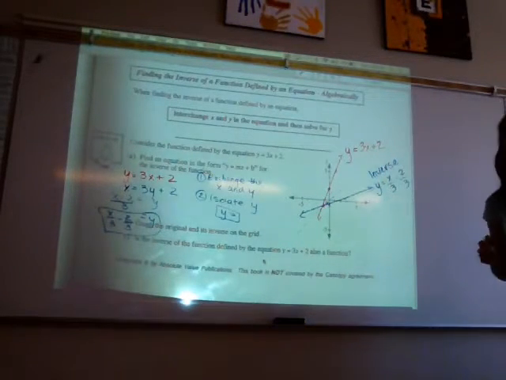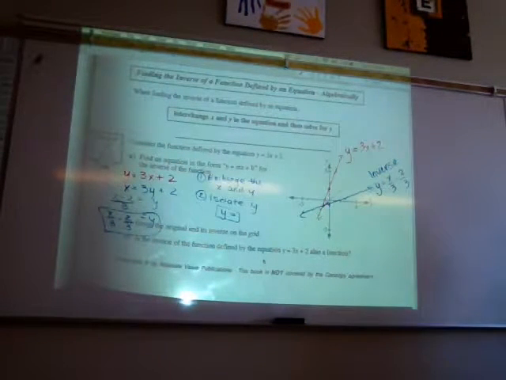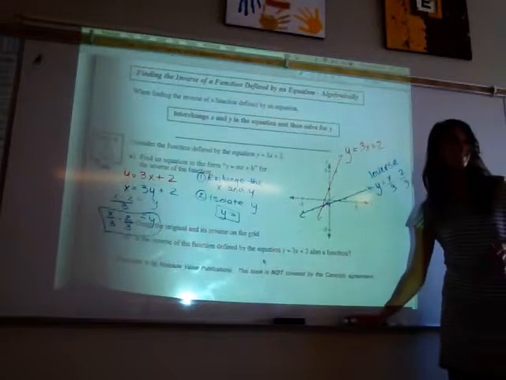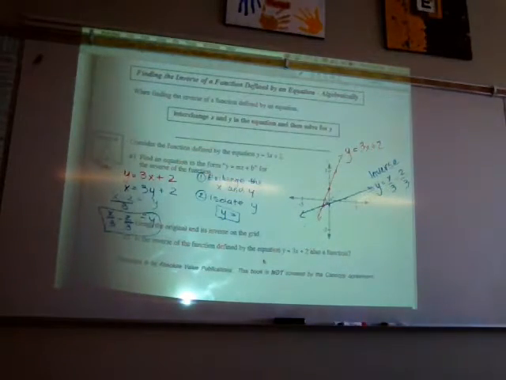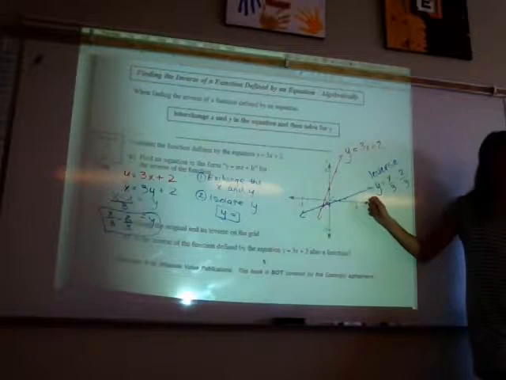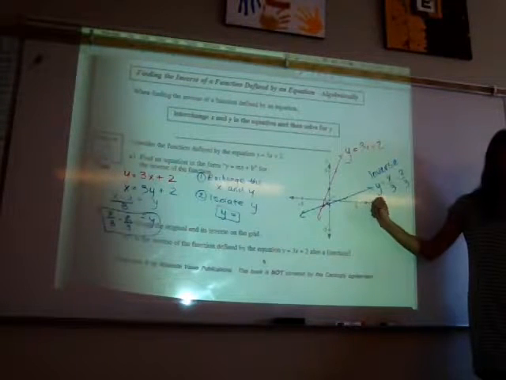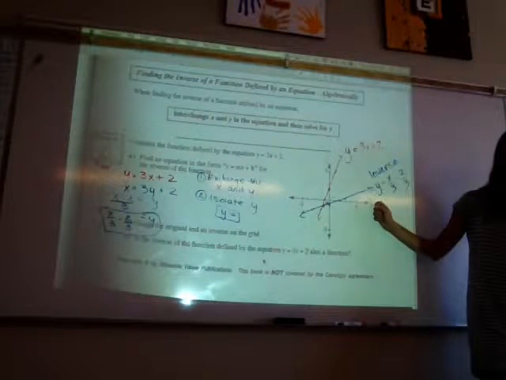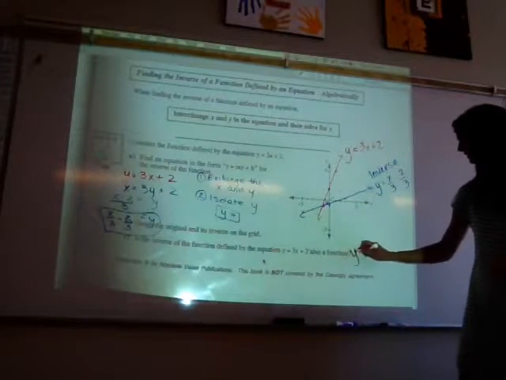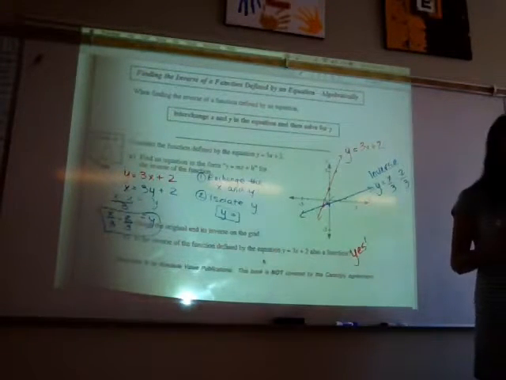Does that look about right? The mirror line's a little bit crooked, but for the most part. Okay, would you guys say that the inverse is also a function? If you did a vertical line test, would any x values repeat? Nope, so yes, it is also a function.